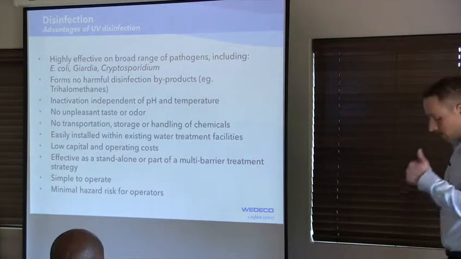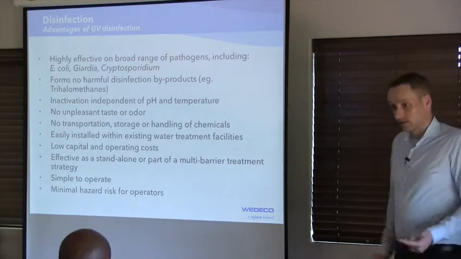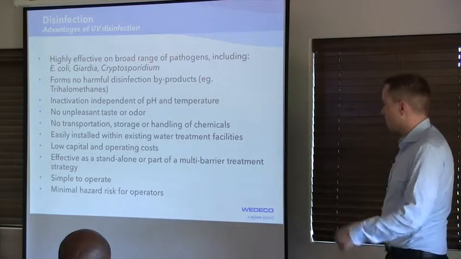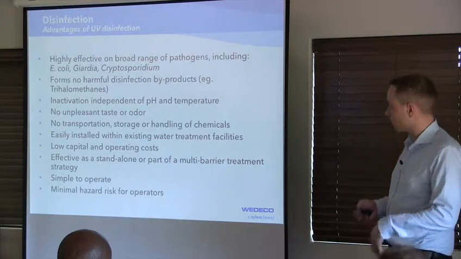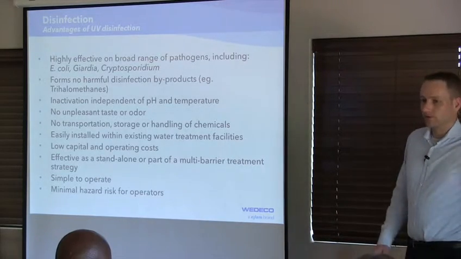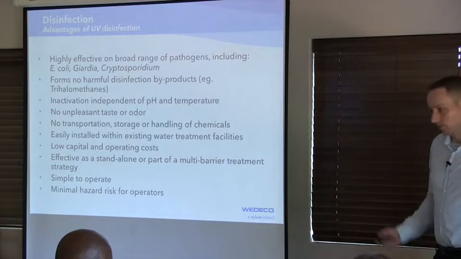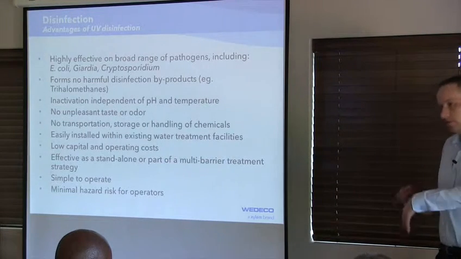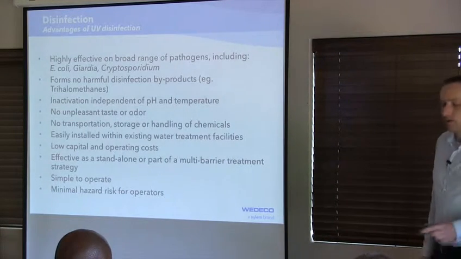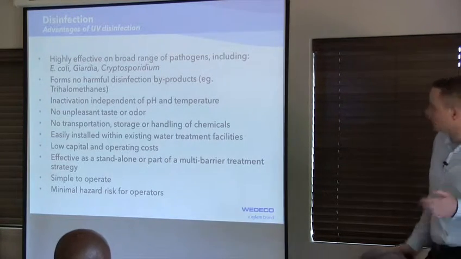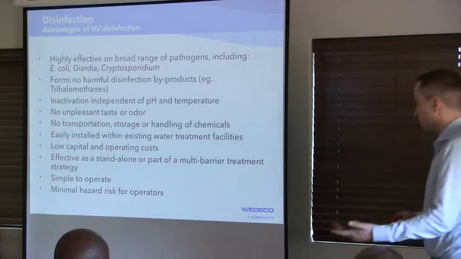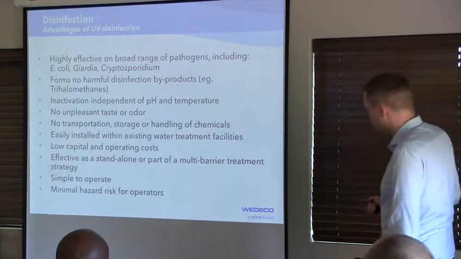We don't create any odor or any taste in the water. So that is another thing. From a taste and odor point of view, if you need to put a residual in, you won't have this chlorine taste in your water anymore, because the doses are so low that it's much more neutral to the senses.